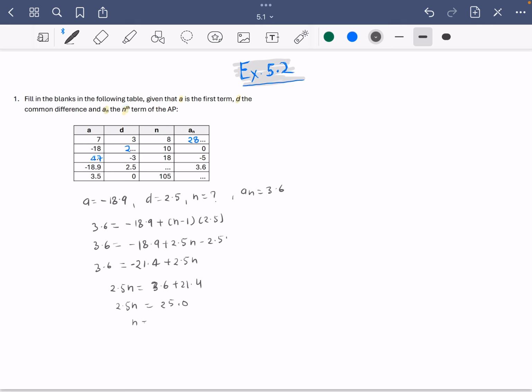So N is going to be 25 over 2.5. It's going to be 10. So N here is 10.